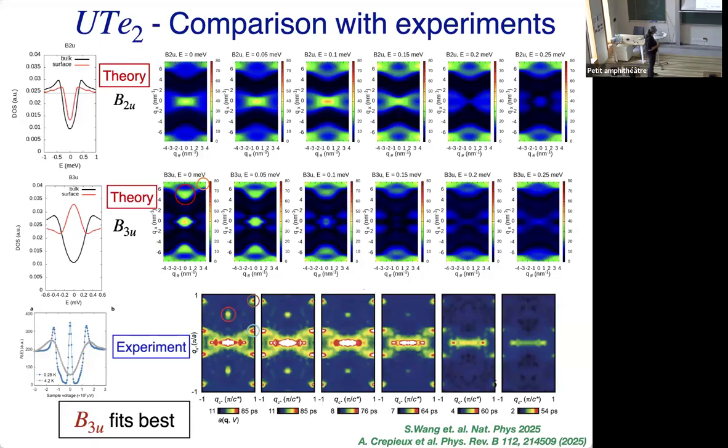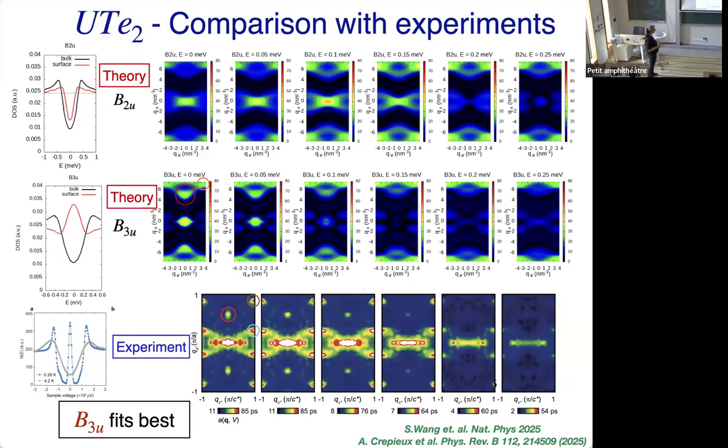Anyway, I forget the names, but you have these that are universal in the B2U and the B3U. And then you have this blob, which looks very much like what Seamus is measuring also. So this would be the extra peak, which corresponds to our Q1 peak in the B3U.